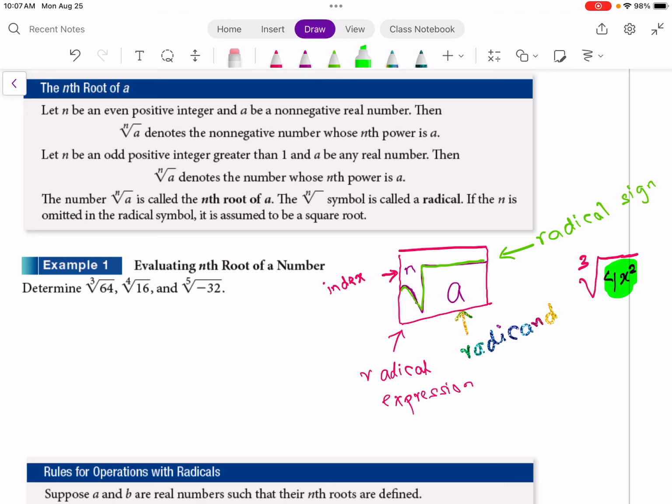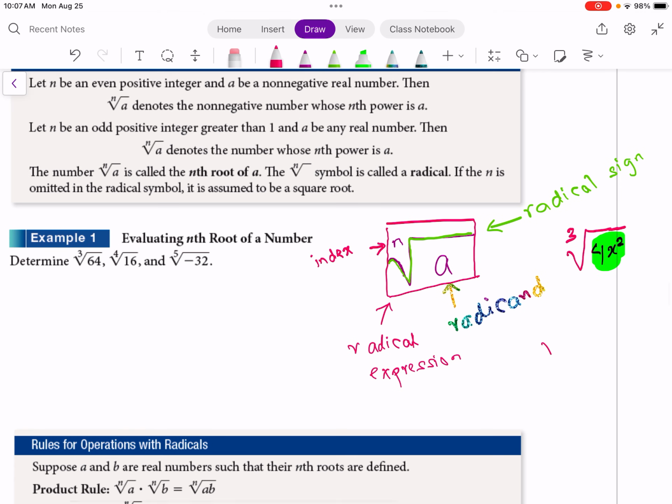For example, let's say we have the square root of a plus 2 cubed. In this expression, what do we have as an index? 2. If there is no n, if there is nothing, then we understand it as a 2. This is a square root. It does have an index 2, but we do not write it in general.